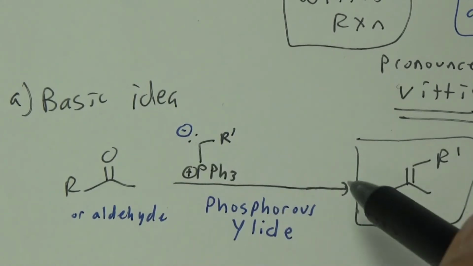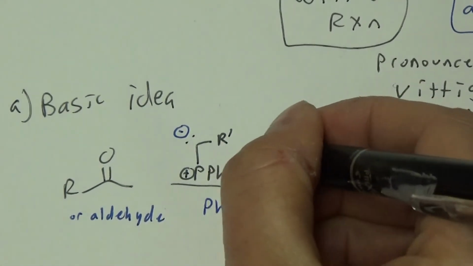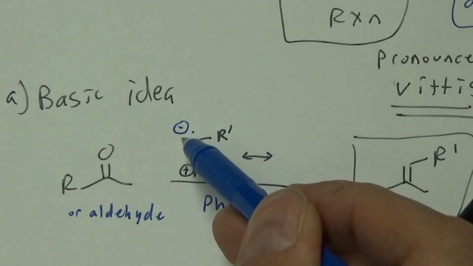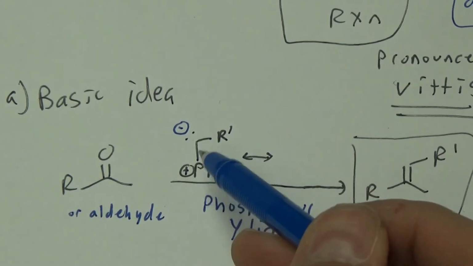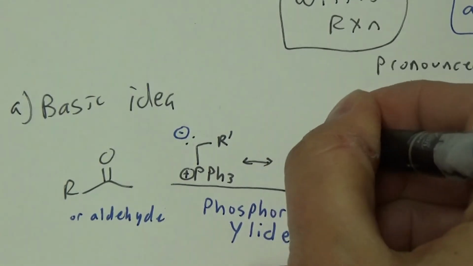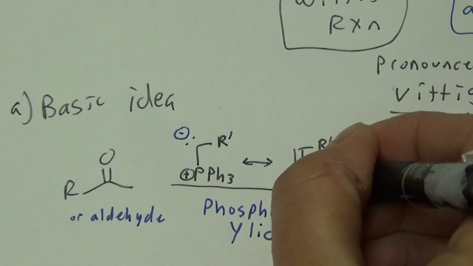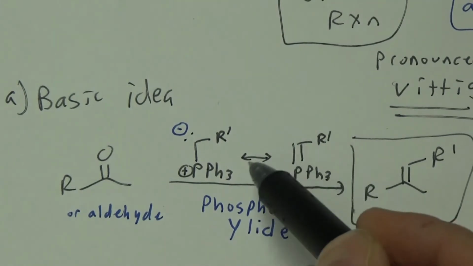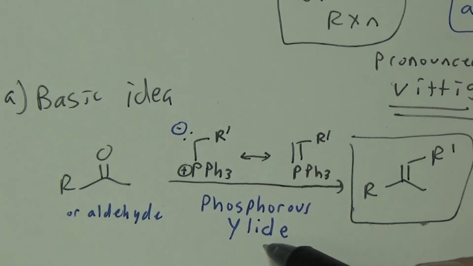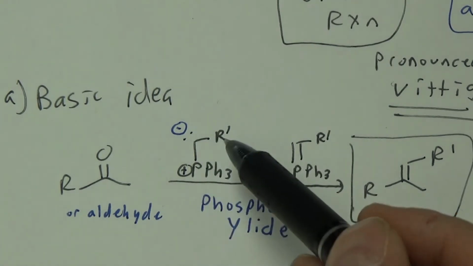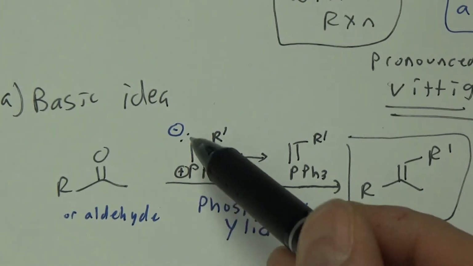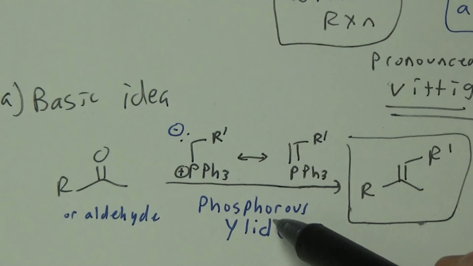It also has its own resonance structure, if this lone pair kicks down toward the phosphorus. It would look like R prime, double bond, P Ph3. The definition of an ylide is adjacent positive and negative charges: a carbon with negative and phosphorus with positive. It's resonance stabilized, but that's what we mean by ylide.